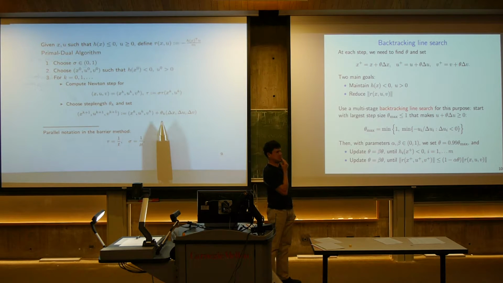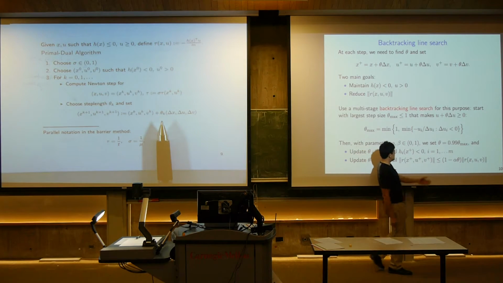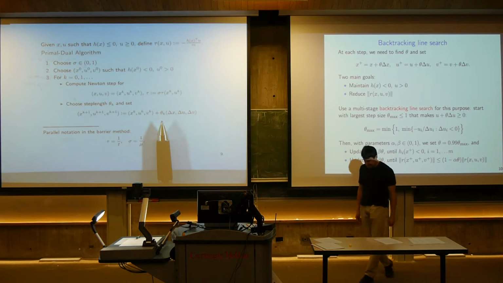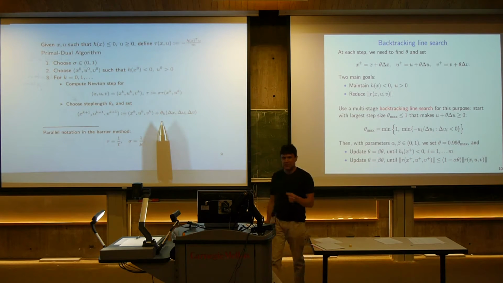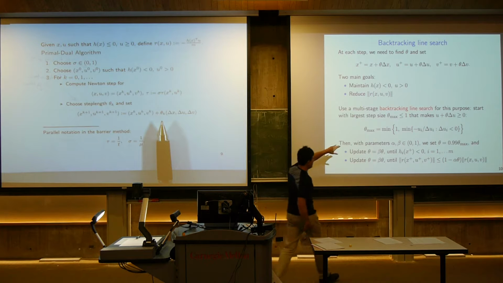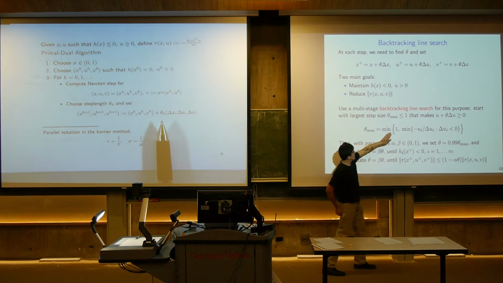So I have a quick question for you, a little pop quiz question. Why do we choose something like this? Why not start with theta equal to theta max? What's wrong if we start with theta equal to theta max? Let's ignore this for a moment.